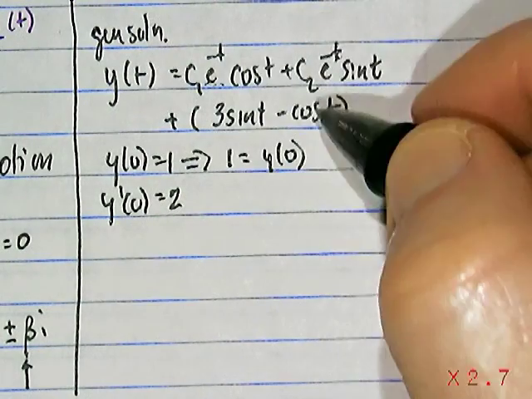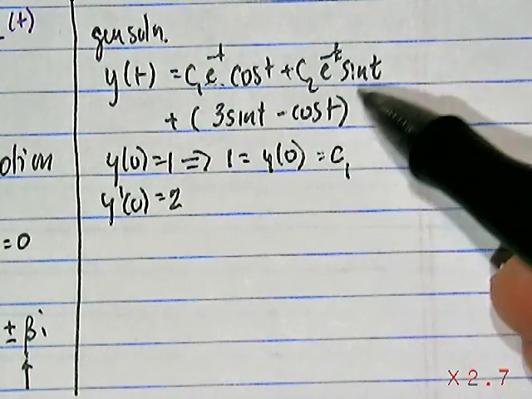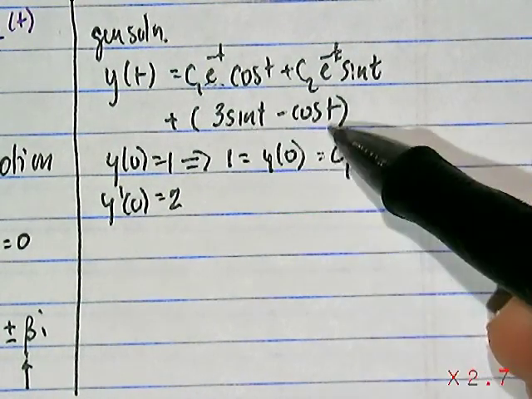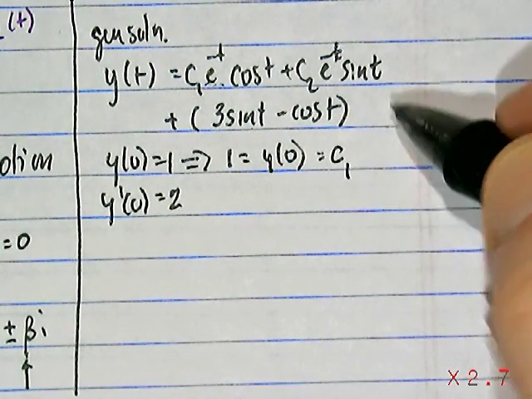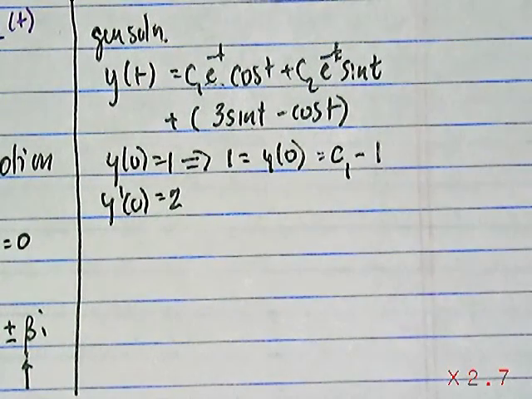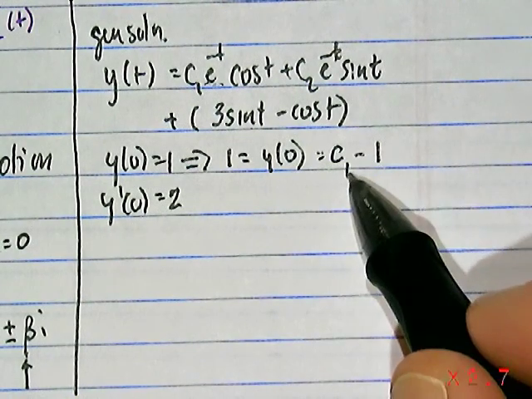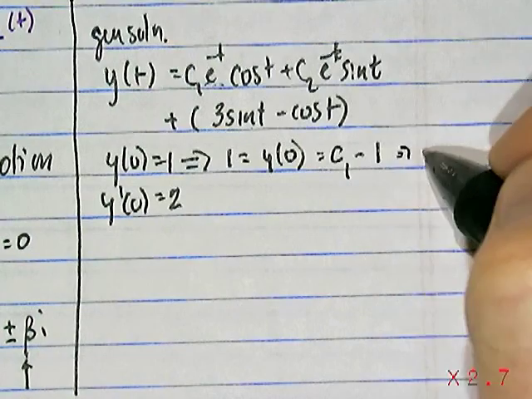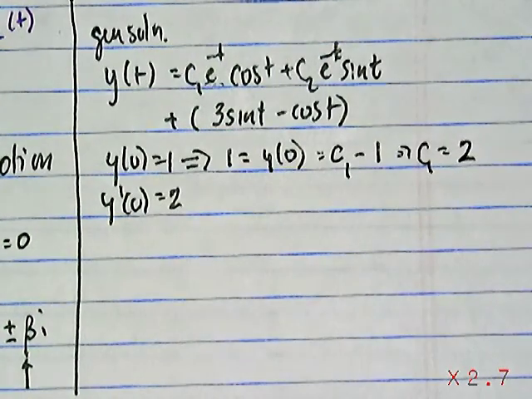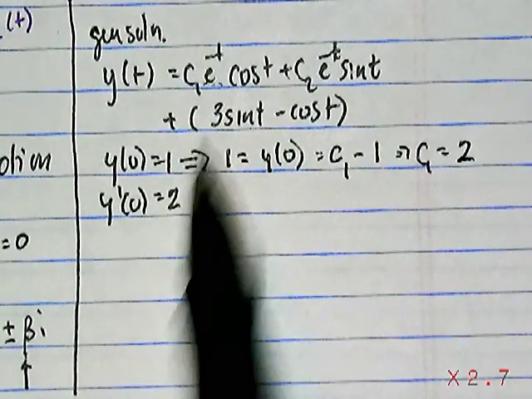So what you're going to end up with, in this case, is just c1, this term will be 0, that's 0, and cosine of 0 is 1, so you're going to have c1 minus 1, like that. So obviously, if 1 is to be equal to C1 minus 1, we have to have that C1 is 2. Okay? So we almost are done. We found that C1 is equal to 2.